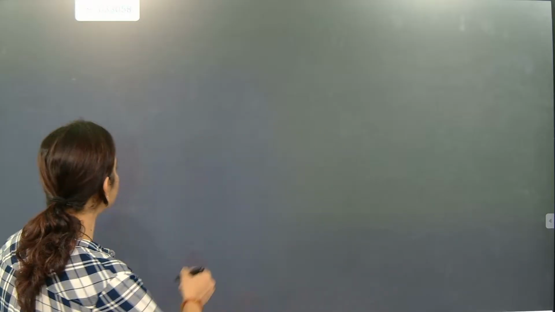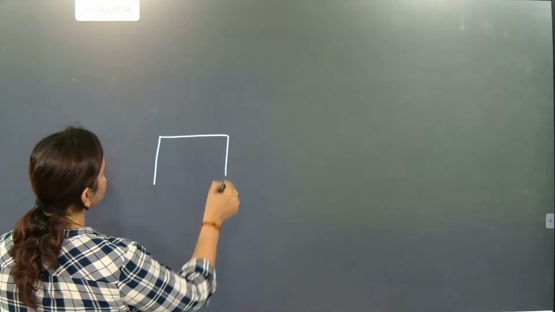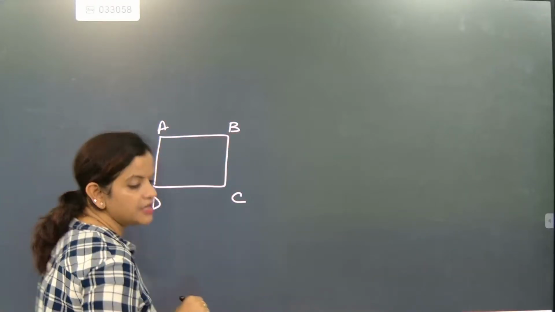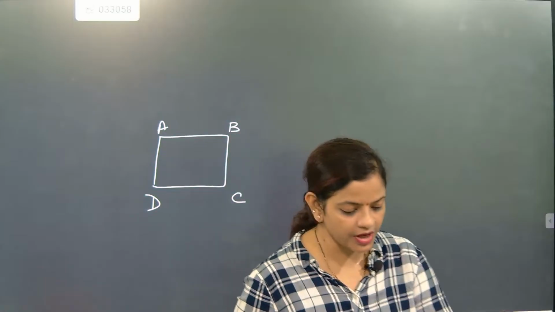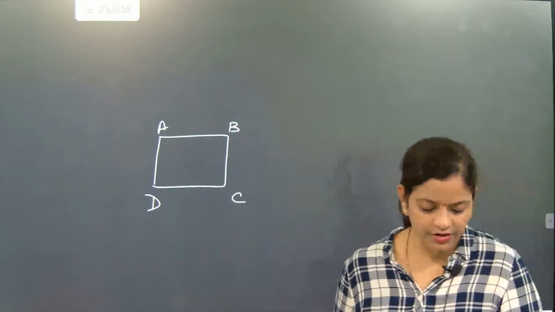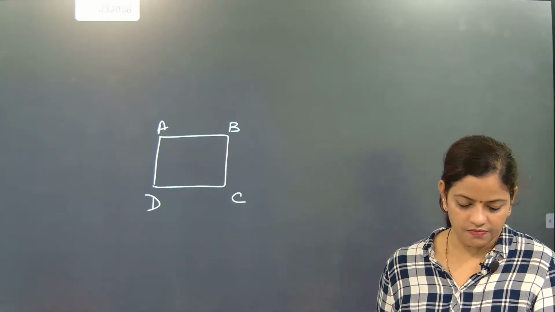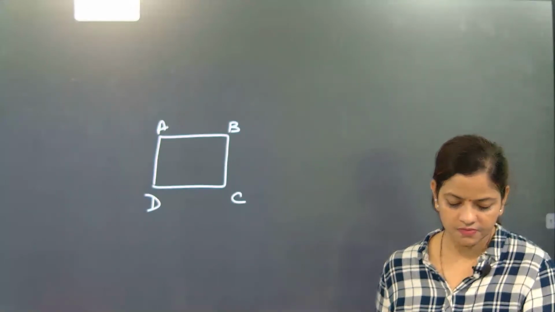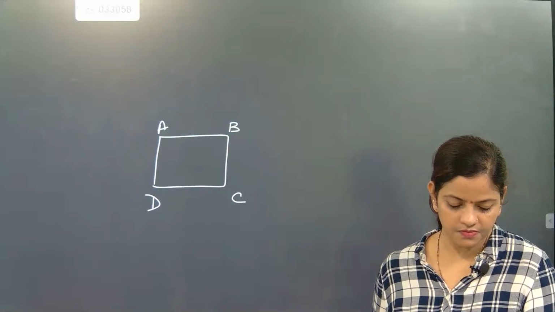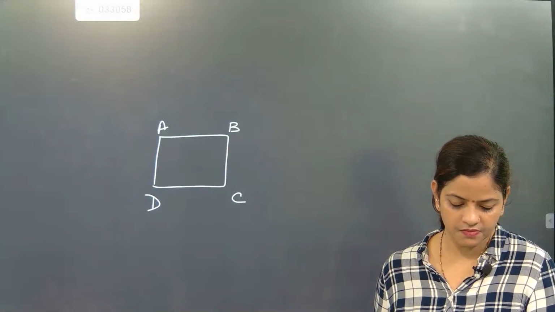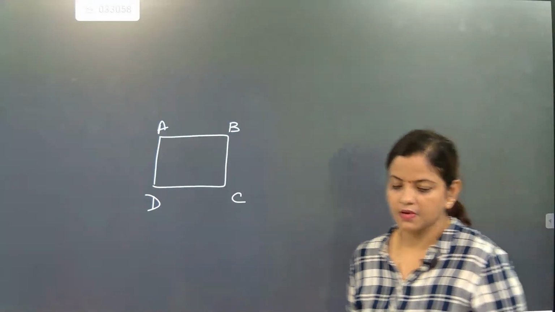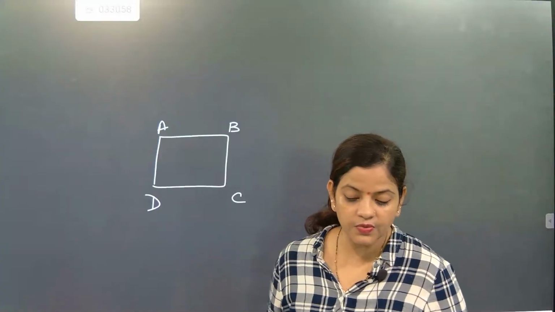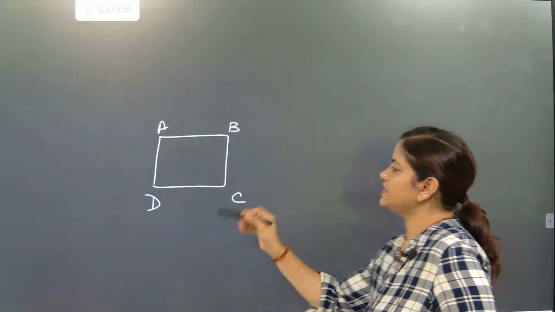So the quadrilateral figures will be considered as A, B, C and D. These are exactly the quadrilateral figures. When we write A, B, C, D, this is a quadrilateral.